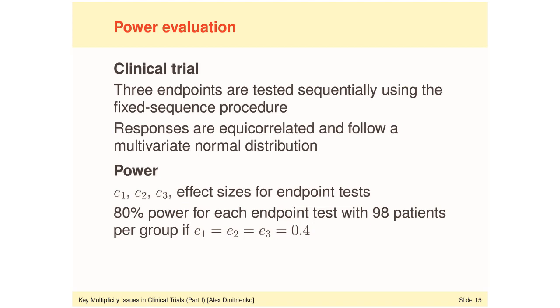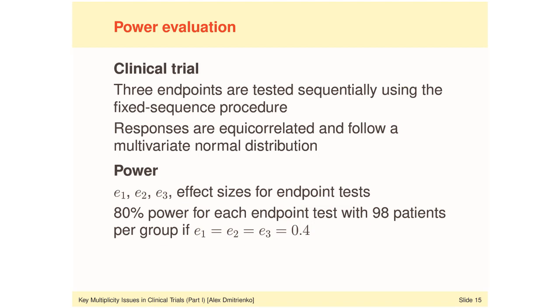Those endpoint tests will be carried out using the fixed sequence procedure, beginning with endpoint 1 at a one-sided alpha of 0.025. In this simulation study, the endpoints are assumed to be continuous, and they follow a trivariate normal distribution with a compound symmetric correlation matrix, which means that we here assume a common correlation coefficient.